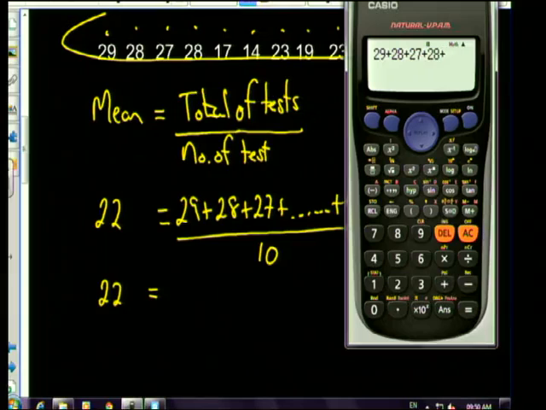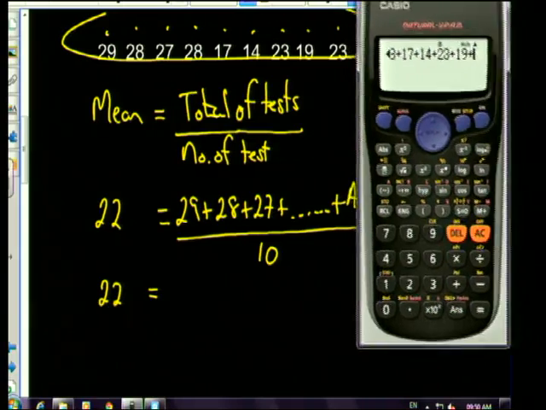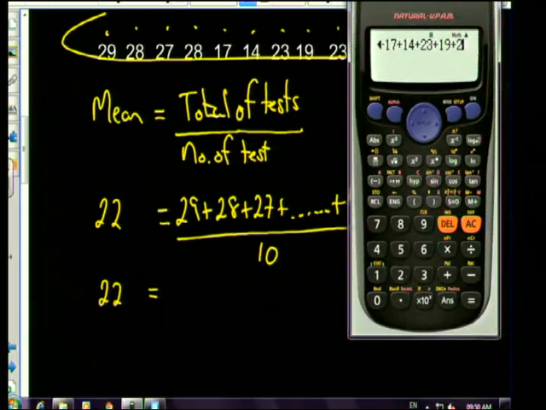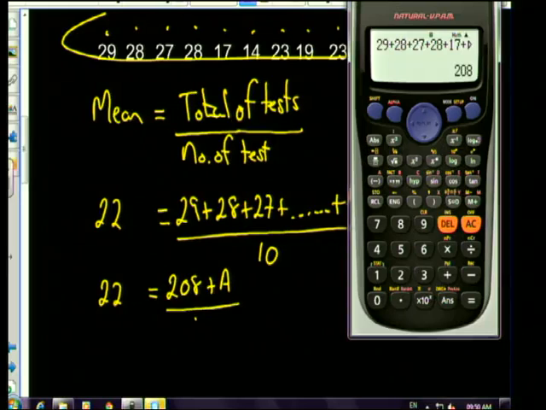To that, I'm going to add 17 and 14 and 23 and 19 and one more, and what's the other one? The other one is 23 as well. Now guys, I would normally add the A, but obviously I can't add A's and numbers. So my answer is 208 plus A over 10.